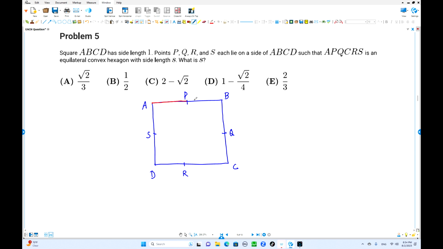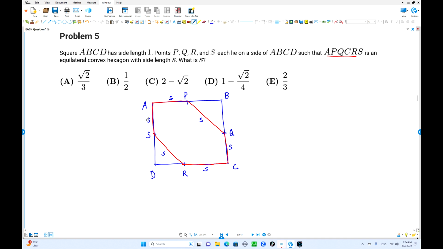AP, PQ, and QC first, right? And R, and SA. Yes, this is a hexagon. It looks not regular, but that is a regular hexagon anyway, okay? All this side is s, all these sides are s.